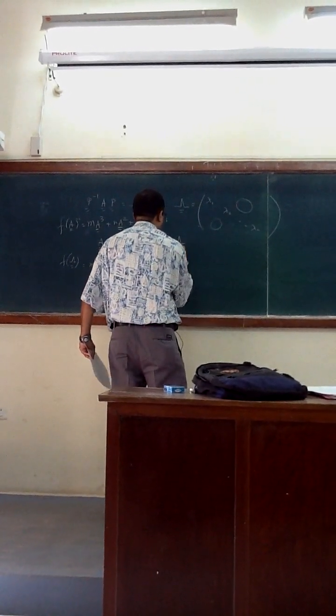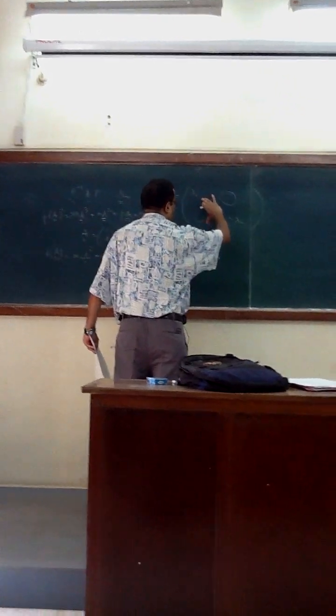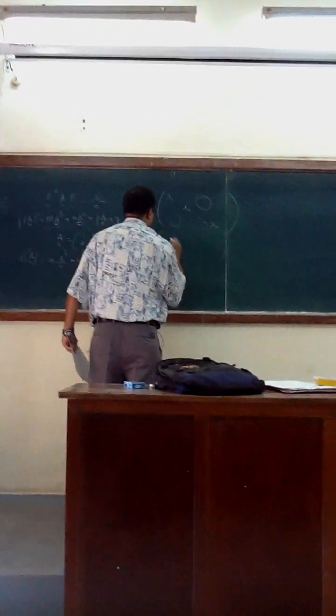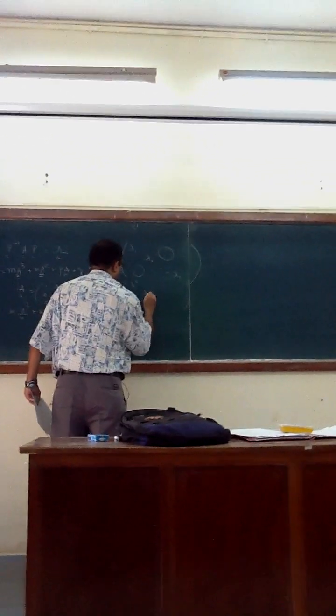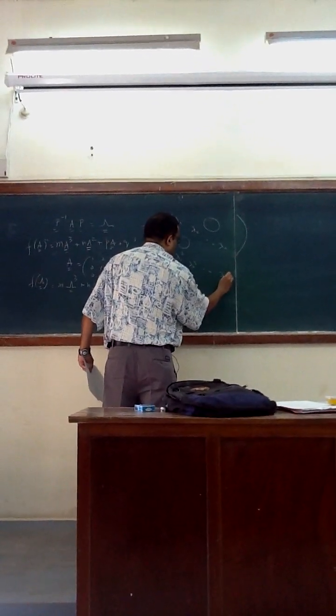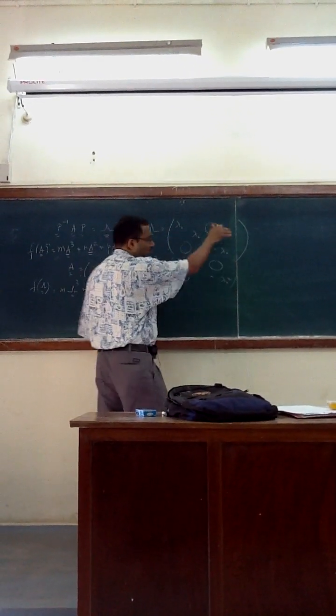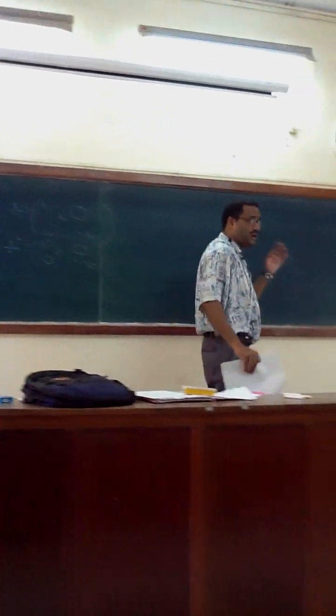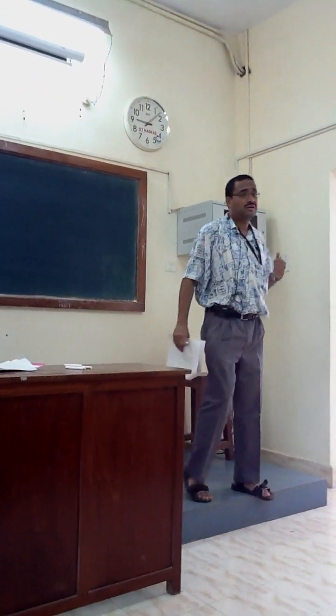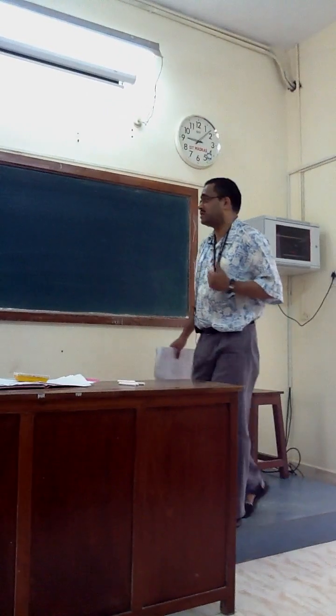If you have this square, you have to multiply with this, and definitely it is quite obvious, which is lambda 1 square, lambda 2 square, up to lambda n square, 0, 0. You can try to verify. It's very easy to verify. If you multiply these two, you get it, right? Correct? Yes or no? Yes. Okay.